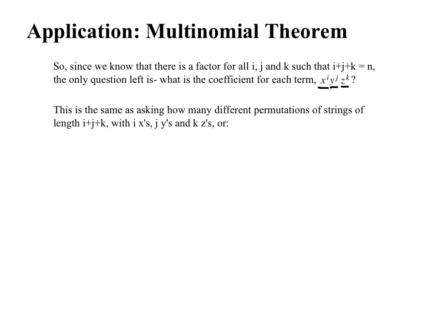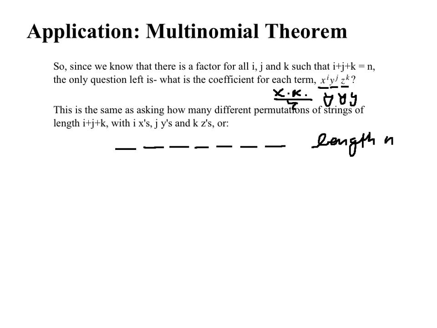Well, it turns out that this is the exact same thing as saying, okay, we have a string of length n, because we could write this out as x times x, i times, and y times y times y, and so on, j times, and z times z, k times.